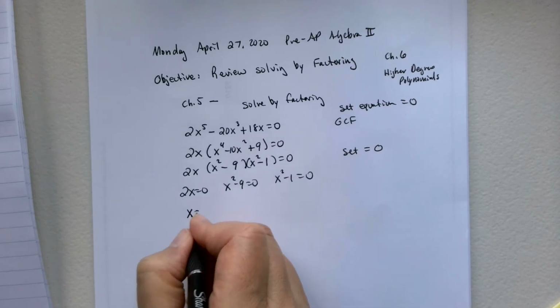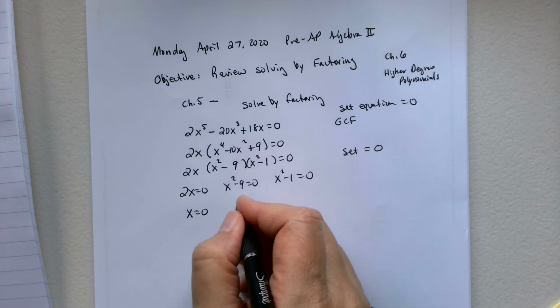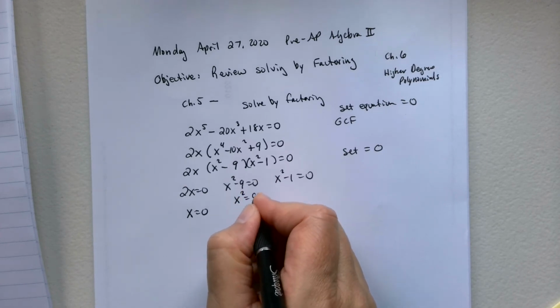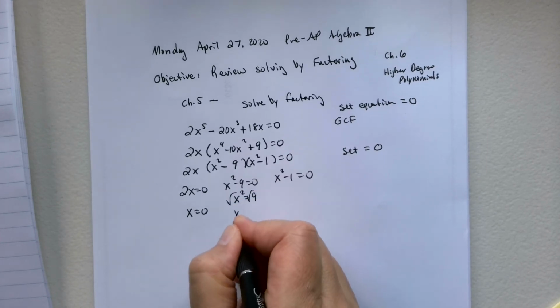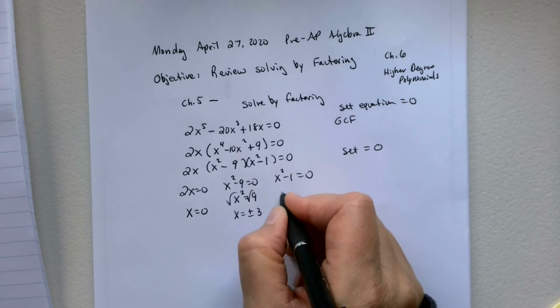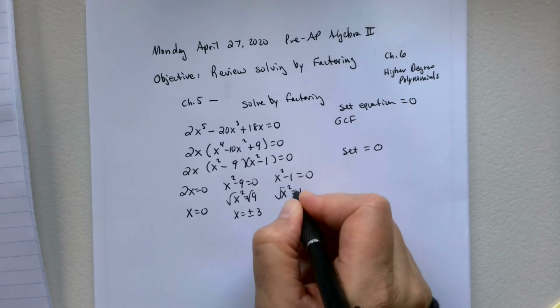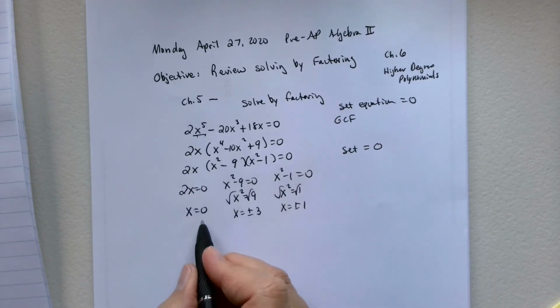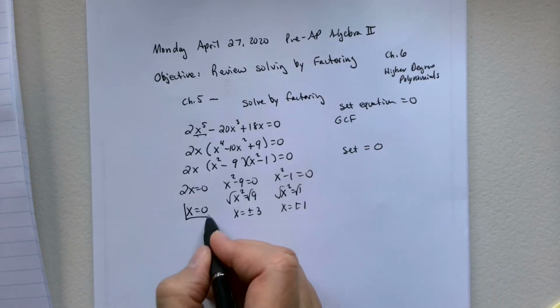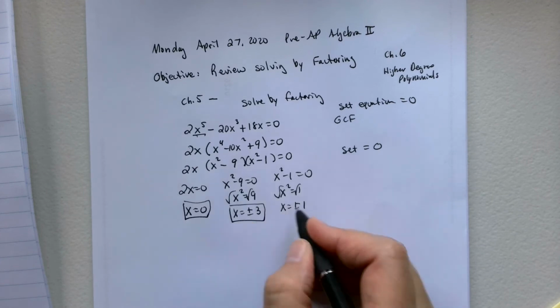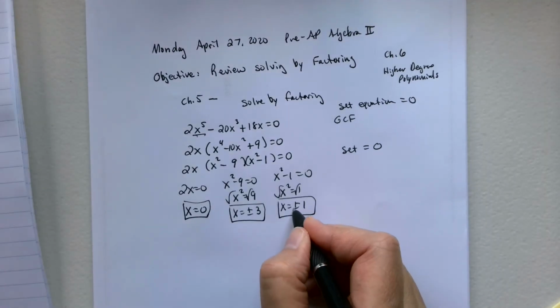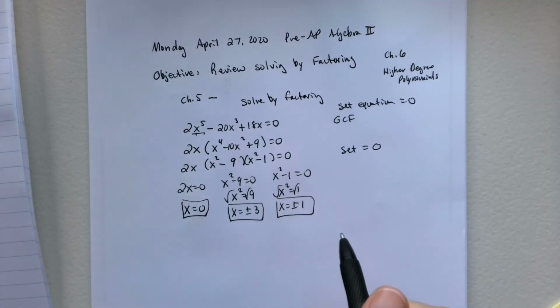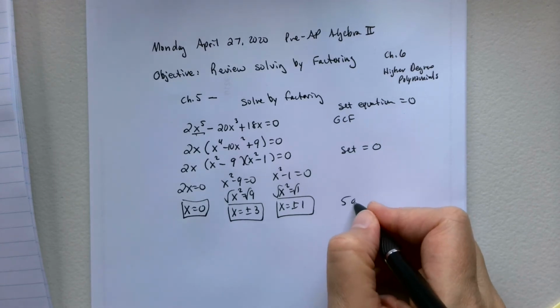So I'm going to have x equals 0. Here you could factor, but usually we use the square root method. And remember to put your plus or minus. And so this would be plus or minus 1. And this was an x to the fifth, so it should have 5 answers. So we have 0, 3, negative 3, 1, negative 1. And so we do have our 5 answers.